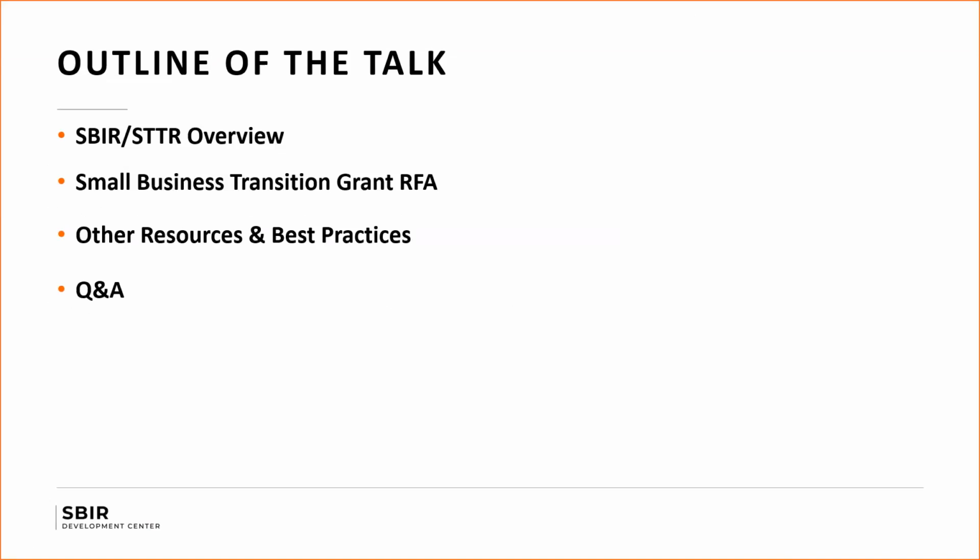I'll talk specifically about the Small Business Transition Grant and some of the specifics related to that grant. So this really is a grant that's meant to help facilitate people as they transition out of an academic setting and into a business setting. And I'll obviously talk about details there. I'll briefly mention other resources and best practices, because I think that's really important when thinking about applying to the SBIR program. And then Monique and I will be available for Q&A.